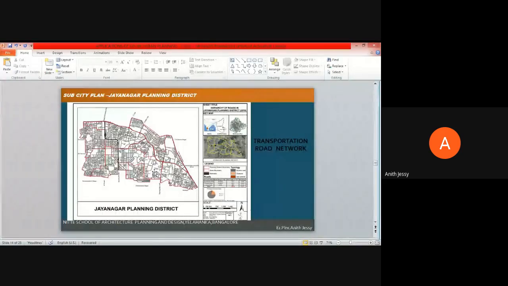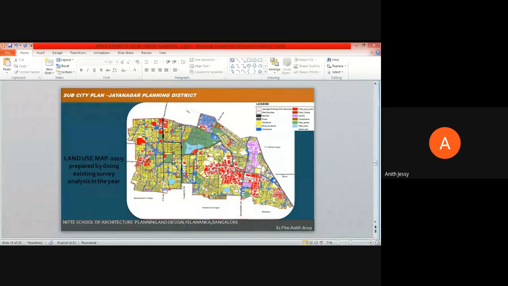Then we understood that right now we have to prepare the land use map. The existing land use map was not there for the year 2019. It was prepared by the students and the faculty together.